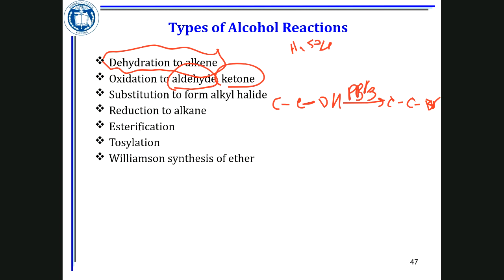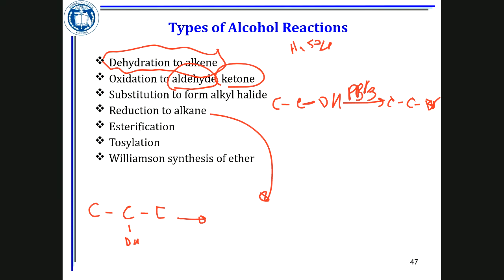Reduction to alkane. So if you have C-C-OH, you cannot reduce this by adding hydrogen because all bonds are saturated. But in order to reduce this, you have to remove the oxygen. How could you remove the oxygen?